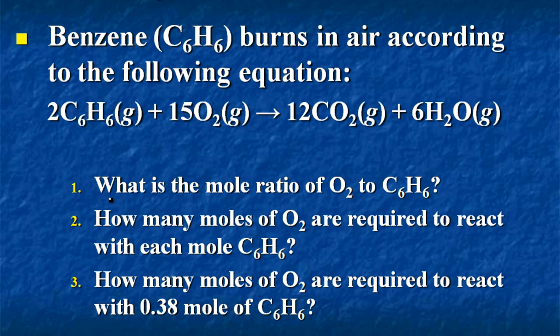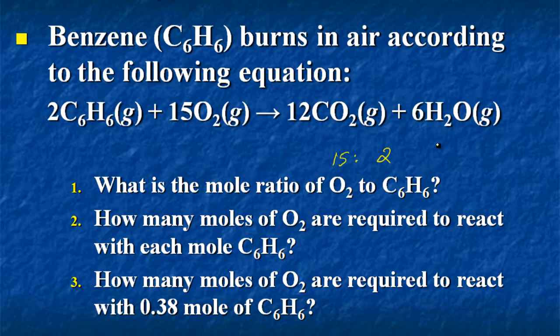How would we write that mole ratio? It is O2 to C6H6. That's what it is asking. So how many moles of O2 and how many moles of benzene? 15 to 2. Right?